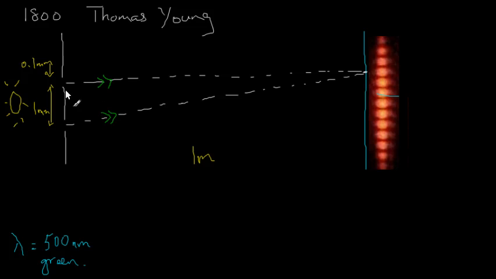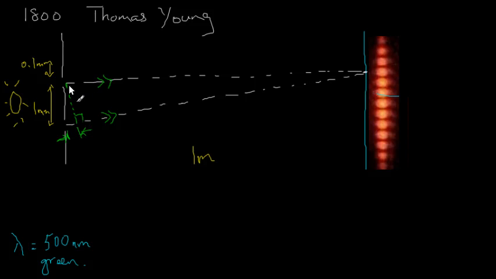Very, very small spacing. So this means that if I draw a perpendicular from there to there, a perpendicular line to here, then this distance would actually be the difference between those two lines.